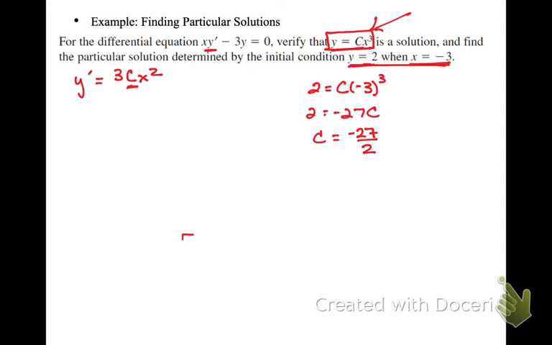Yes. So now we need to plug in c. So 3 times negative 27 over 2 x squared.